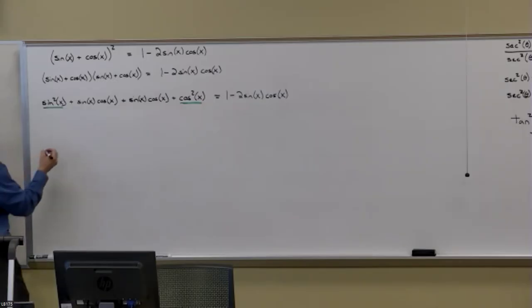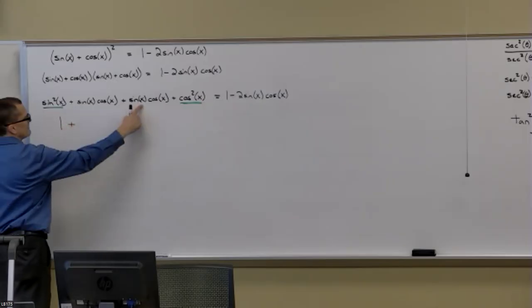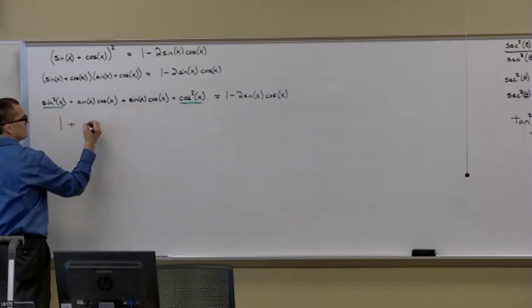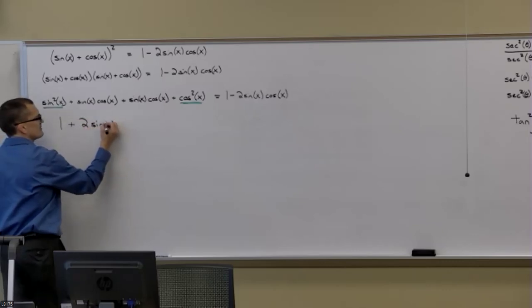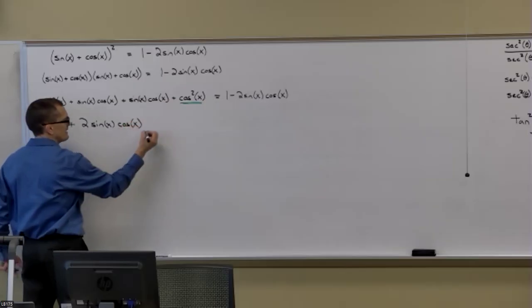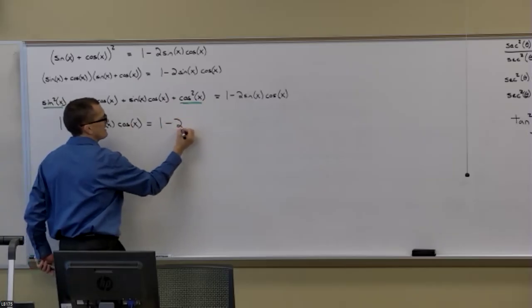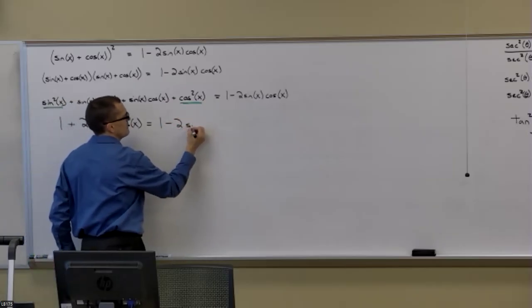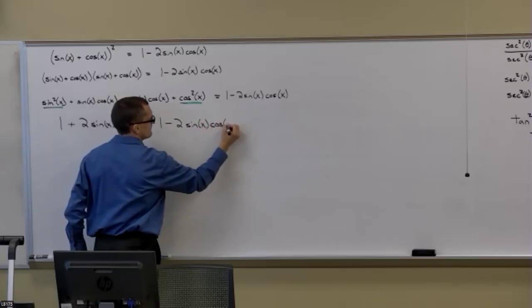So that's 1. And the other thing is I'm going to combine those 2. That's 2 sine x cosine x. So my left-hand side simplifies like that. My right-hand side is 1 minus 2 times sine x times cosine x.